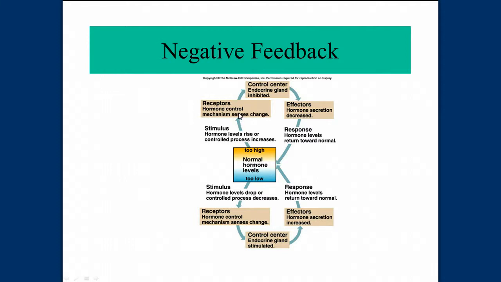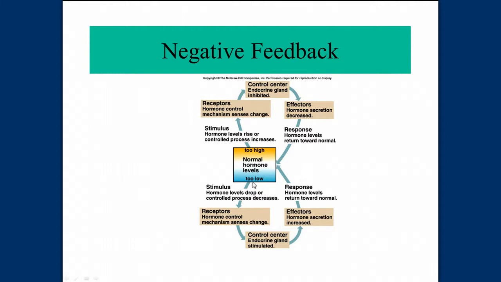All this information is taken to the control center, and if the hormone level is too high, the action that needed to be stimulated has happened. That endocrine gland will be inhibited. That hormone will not be made anymore, so the effectors find that the hormone secretion has decreased. In response, the hormone levels return toward normal.